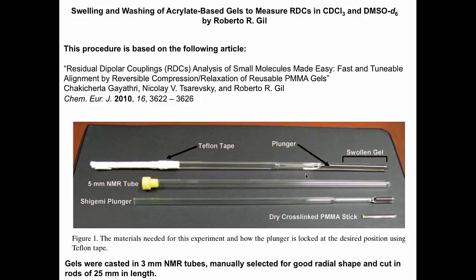If you use a fresh gel, you shouldn't have that problem. But because of that, it is very difficult to wash the gel. You can wash it, but once you dry the solvent, the gels start to crack and then it breaks. So the gels normally are casted in 3 millimeter NMR tubes. Normally you should manually select for a good radial shape, and then normally they are cut in 25 millimeters of length.